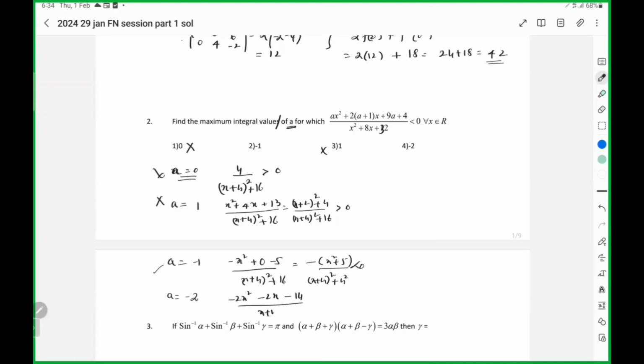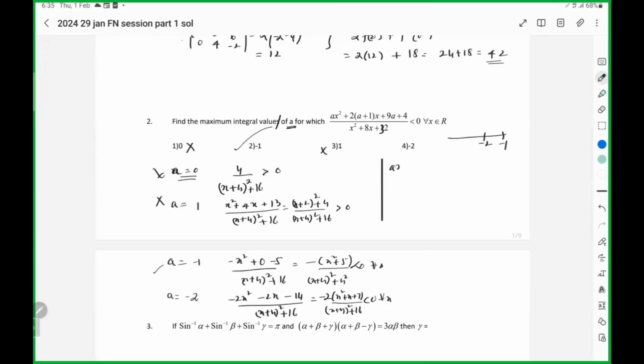It is also possible because minus 2 you take common. So this is also negative for all x. He is asking for the greatest negative integer, so minus 1.